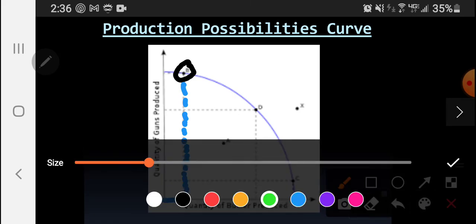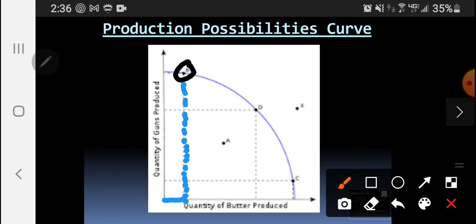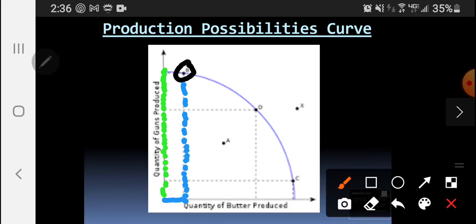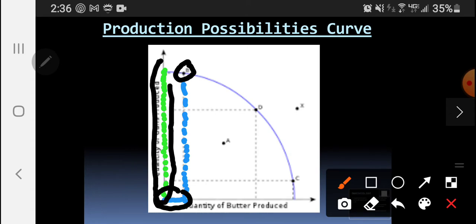If I want to measure the number of guns that I produced, I have to go up on the y-axis, and I stop when I get there. So, this is how you read this, okay? And you ask yourself, what did you produce more of? Did you produce more butter, or did you produce more guns at point B?